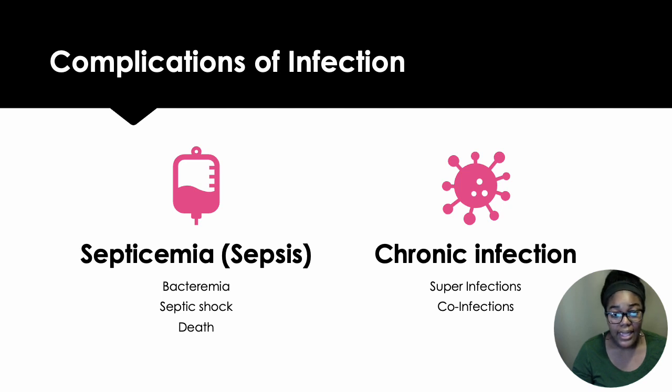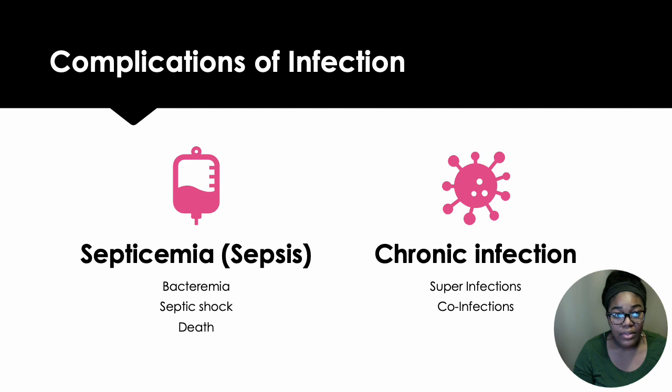Or even if you look at an individual's lactic acid levels that are elevated, that can be a sign that sepsis is impending. And once sepsis onsets, the progression is very rapid. That's why you have to recognize those signs and symptoms immediately and then take action at that point to prevent septic shock and to prevent death.